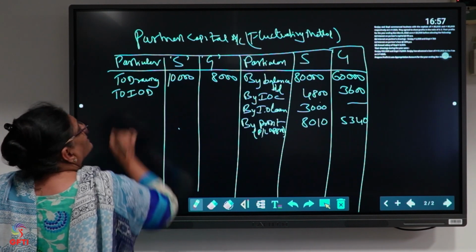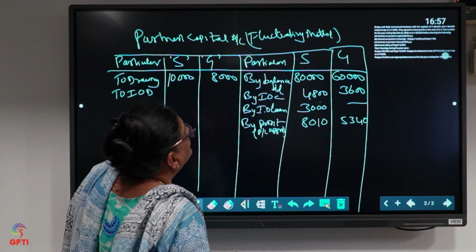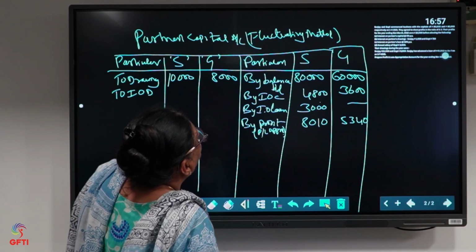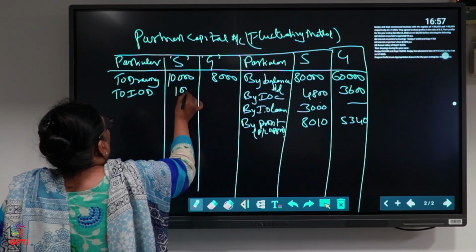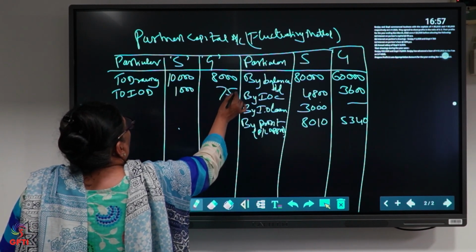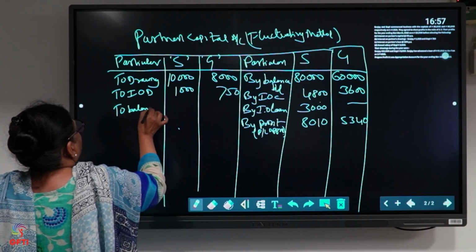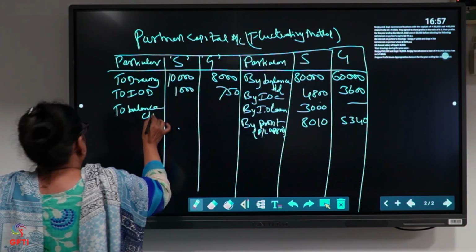Interest on drawing. You don't write the short form, but in the exam you have to expand. Interest on drawing is how much? 1,000 and 750. Correct? To balance carried down.